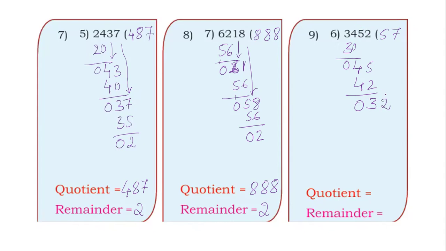And next 2. 6 5s are 30. 3 minus 3, 0. Quotient is 575. Remainder is 2.